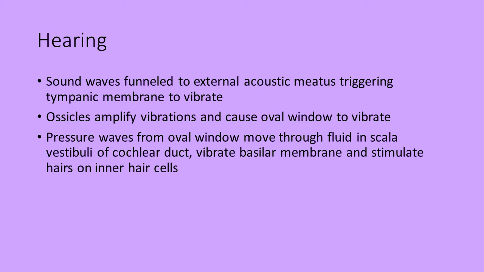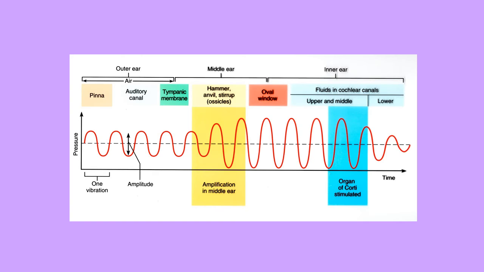The waves generated from the oval window vibrating are going to move through fluid in through the vestibule of the cochlear duct. It's going to get the basilar membrane to start vibrating, and then that is going to stimulate the hairs to start to vibrate, and that's going to be the stimulus for the hearing.